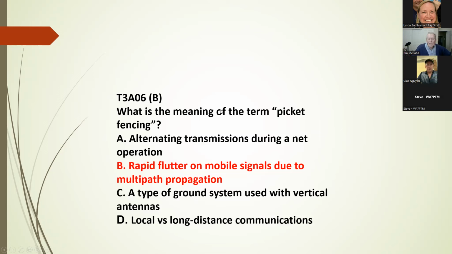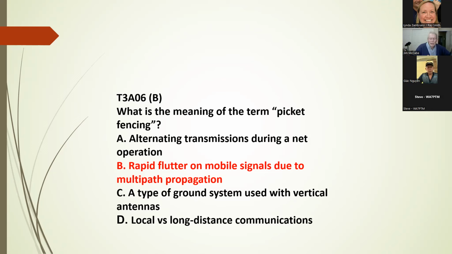Here's another example of multipath. Picket fencing is what it's called. What is the meaning of the term picket fencing? Typically it's a rapid flutter of the signal due to multipath propagation. What you hear a lot of times if you're driving along in a car with a mobile radio is like a train passing telephone poles on the rail, bip, bip, bip.